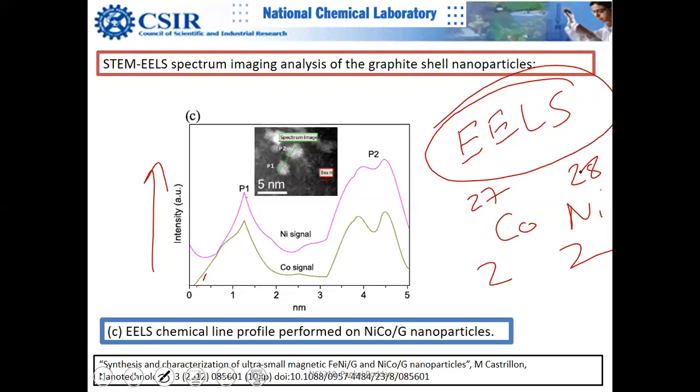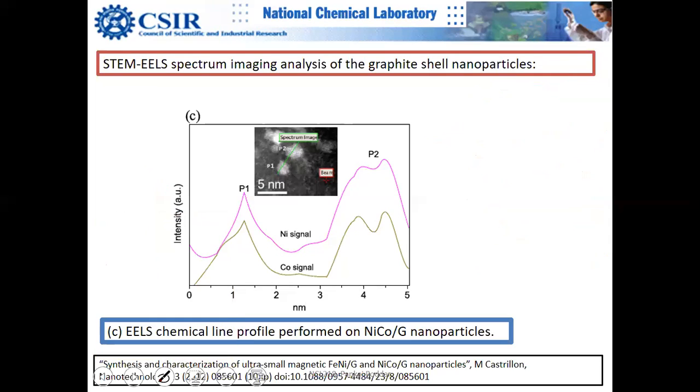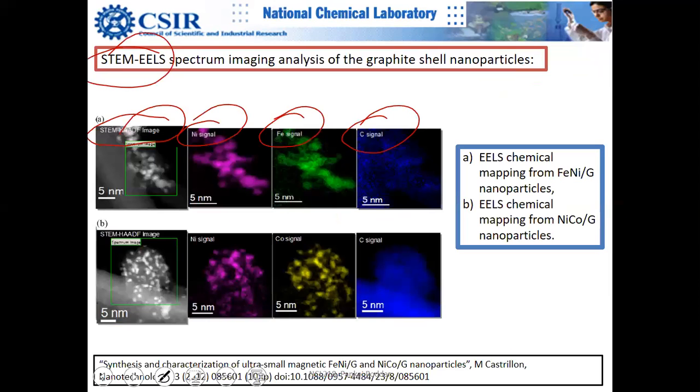Actually, EELS has got high resolution, I think I explained previously also. So please appreciate the work of these scientists. It's very good. Beautiful example. I think you should read this paper.